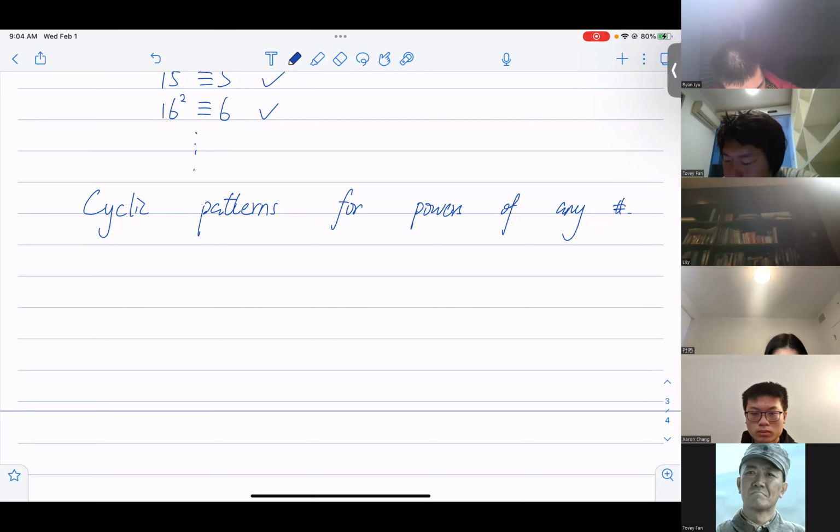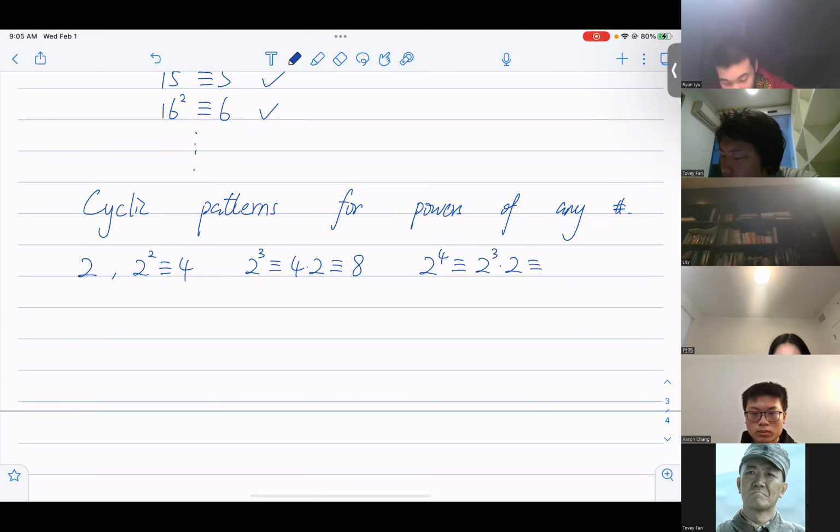What about 2? So 2 squared is 4, right? 2 cubed is, well, 2 squared is 4, so 4 times 2, and that's going to be 8, right? 2 to the 4th is going to be 2 cubed times 2. And we know 2 cubed is 8, so 8 times 2, that's 6.